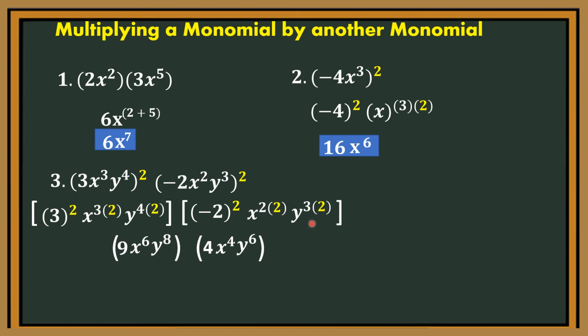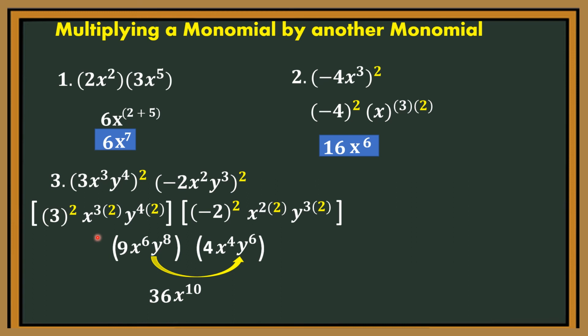This is not yet the final answer. Let us multiply the two monomials. Numerical coefficient first. 9 times 4, 36. Since they have the same variable, you just copy and add their exponents. That is x raised to the 10th power.